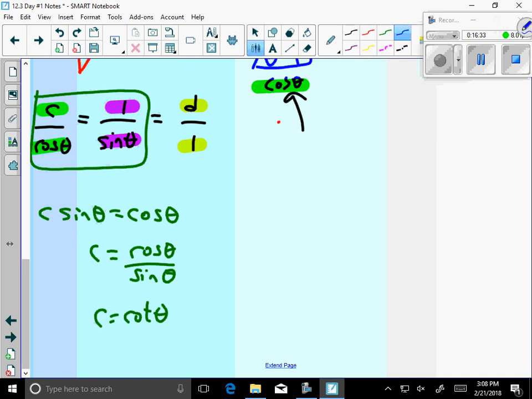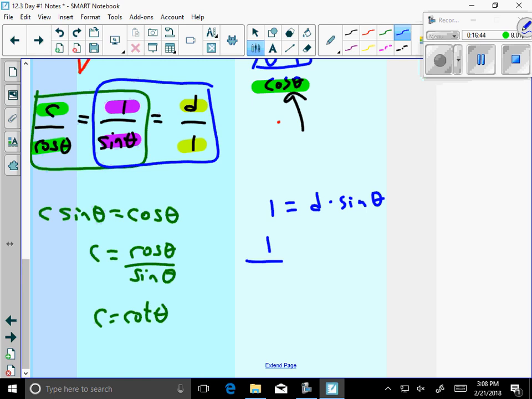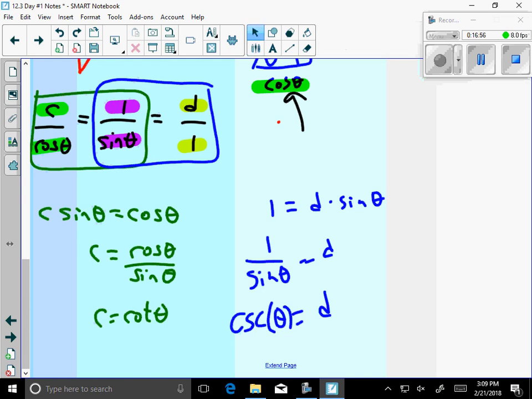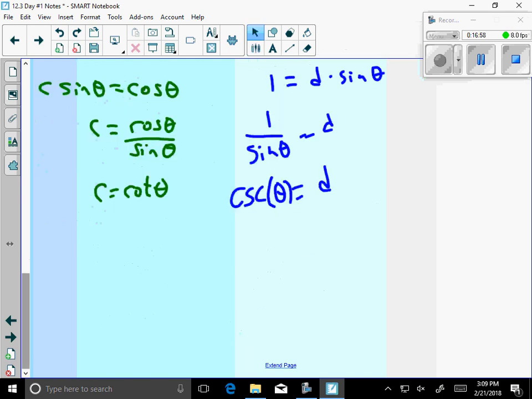Let's do this one now. You might see it coming. Okay, 1 times 1 is 1, and D times sine is D sine theta. Divide both sides by sine theta. And it looks like D equals cosecant theta. Cosecant theta. So let's make a sketch of this triangle, and then we'll review our properties.